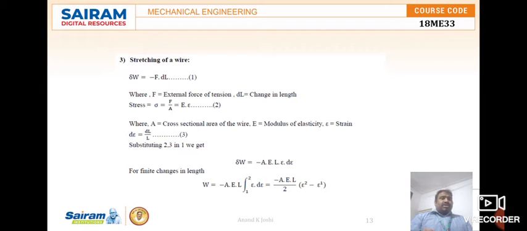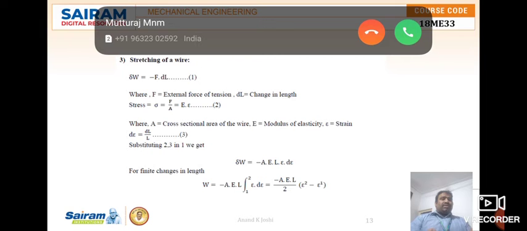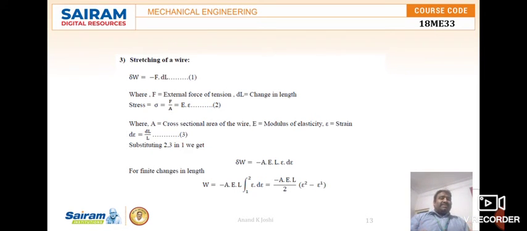The strain is calculated as the change in length divided by the original length, that is dl by L. Substituting equations 2 and 3, we get delta W equals minus AEL epsilon d-epsilon.